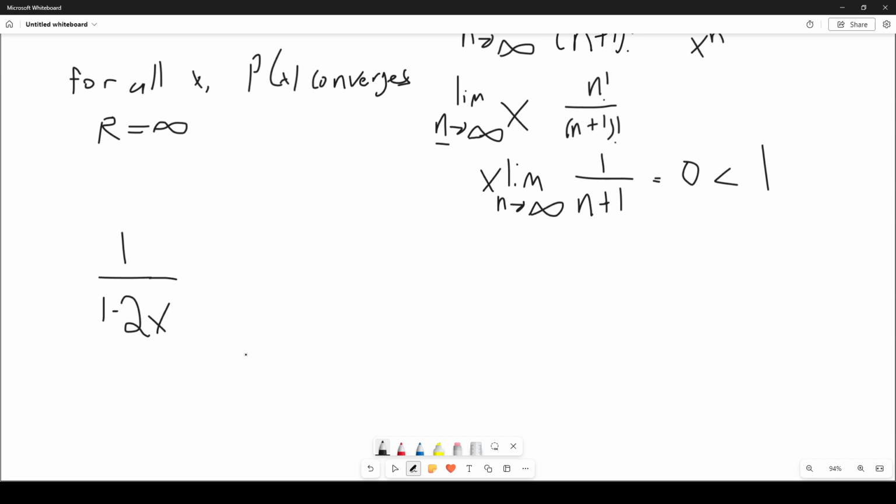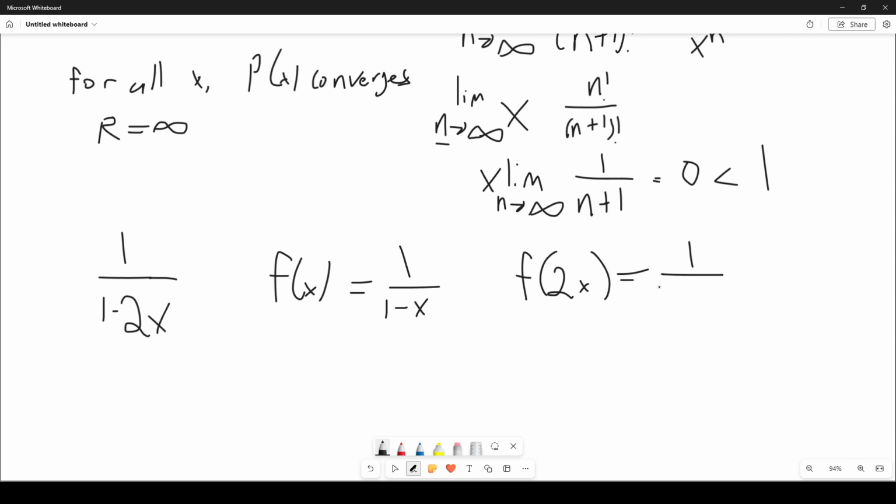You might observe that this is very similar to our f of x equals 1 over 1 minus x. In fact, this is just equal to f of 2x, right? Equals 1 over 1 minus 2x. So we can find these known power series and relate them to other functions.